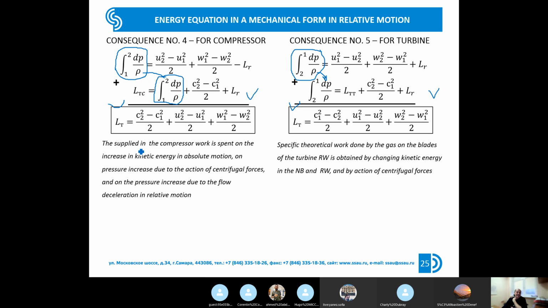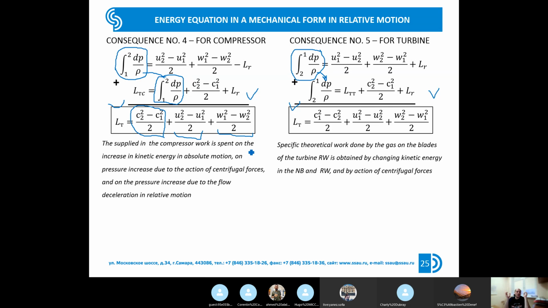Mechanical work which is supplied in the compressor is spent on the increase of kinetic energy in absolute motion, this one, and pressure increase due to the action of centrifugal forces. It's the second term. And pressure increase due to the flow deceleration in relative motion. It's the last term.